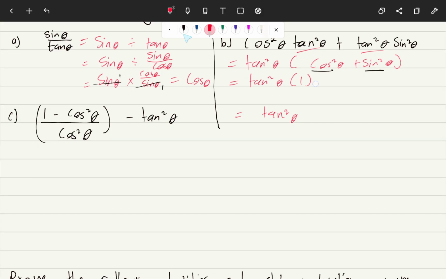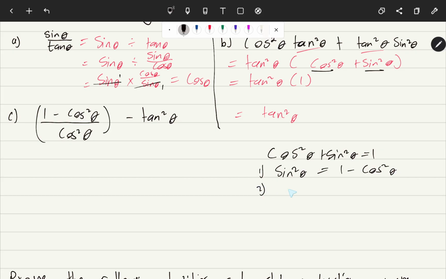Yeah, so I just want to write something down. Remember, we have cos squared theta plus sine squared theta equals 1, and I said that we can have things like sine squared theta equals 1 minus cos squared theta.